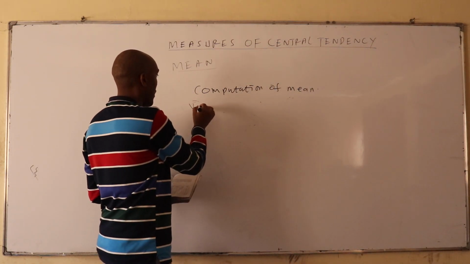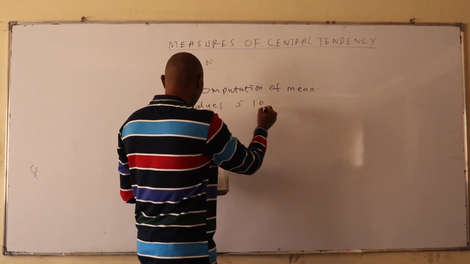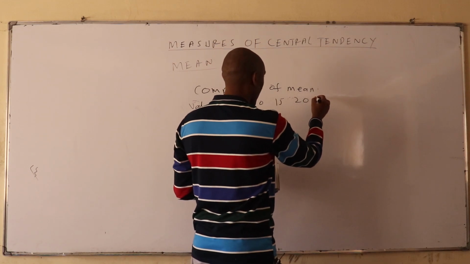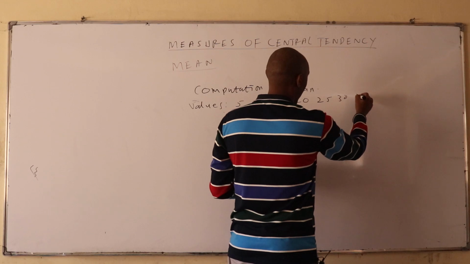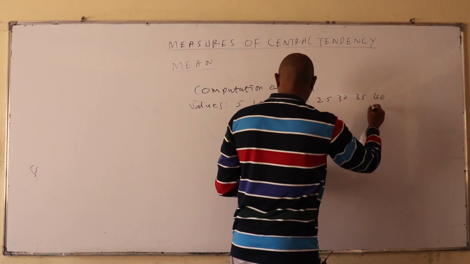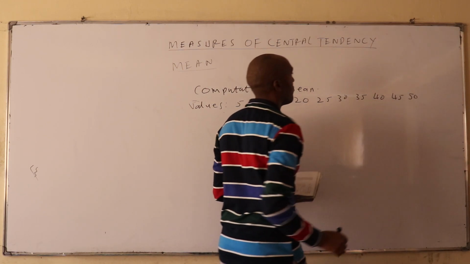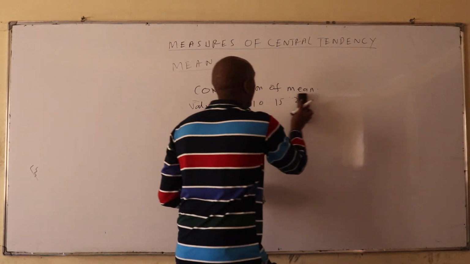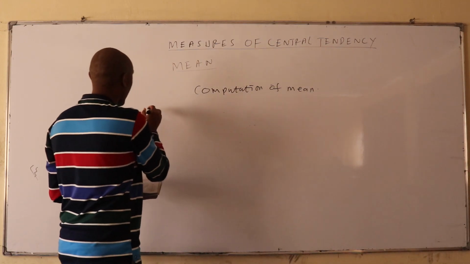You are given values 5, 10, 15, 20, 25, 30, 35, 40, 45, 50. Let me do it again from here.